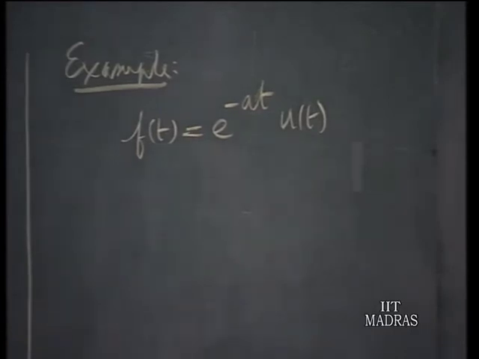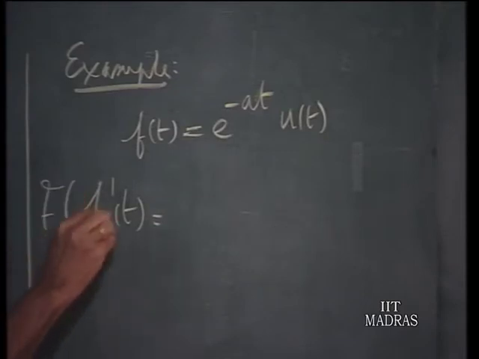Let us work out the Fourier transform of f prime t in two ways. One, by straightforward method, by differentiating this and then trying to find out its Fourier transform, or alternately finding out the Fourier transform of this and then finding out the Fourier transform of the differentiated signal. So, what we would like to find out is the Fourier transform of f prime t. This is what we want to know.